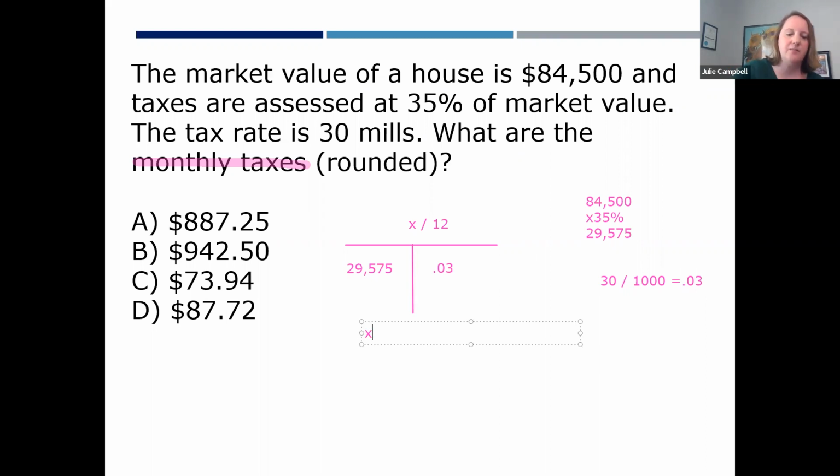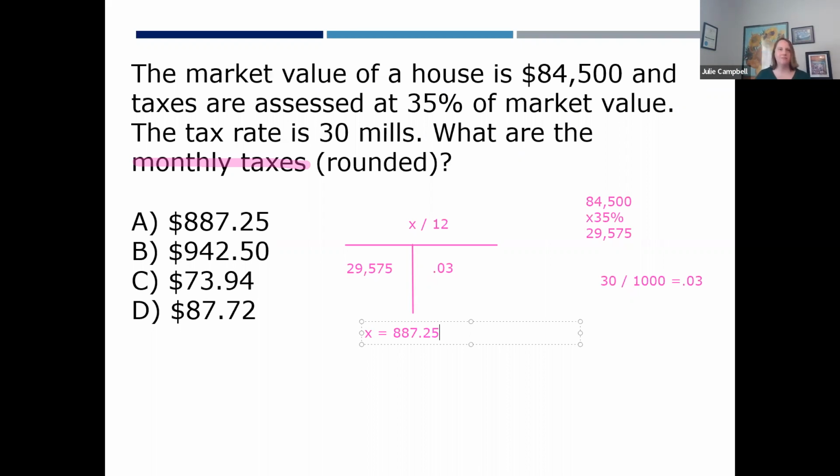A mill is 1/1000th. Up, down line in the T-bar means multiply. So I take 0.03 times 29,575. I get annual taxes of $887.25. Ooh, I see it as an answer choice. I'm going to say A and move on.